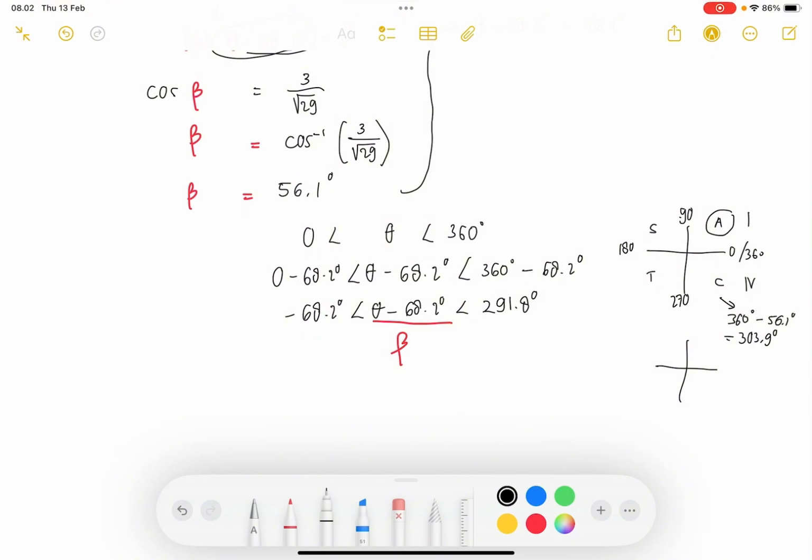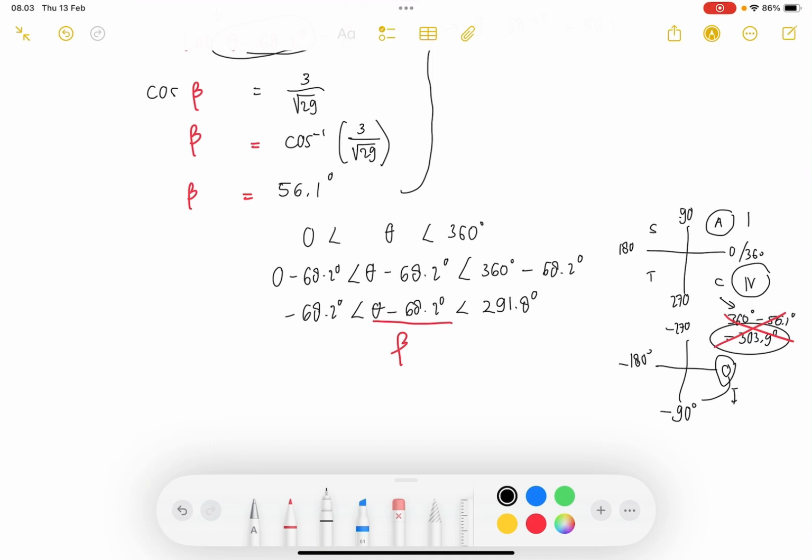Is this included in the interval? No, right? Because the interval is only until 291.8. So this one is not included, and we can just throw it away. We will use this one. Okay, that's for positive. Now we will check in the negative interval. Remember, the first quadrant of positive corresponds to the fourth quadrant in negative.